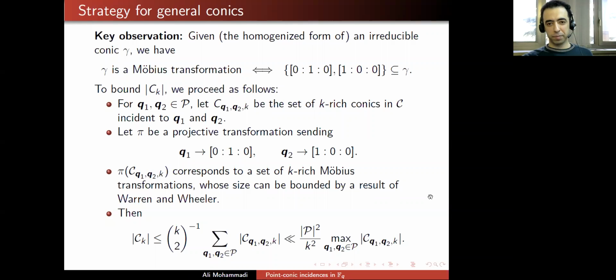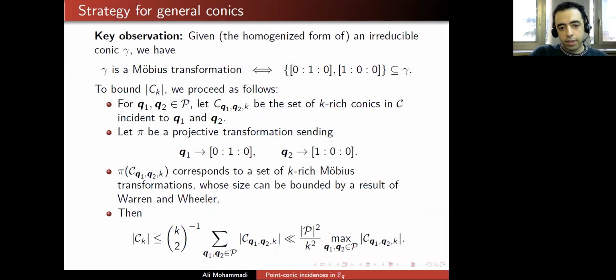Yeah, I'm muted. There are other approaches, but even these point-plane incidence bounds actually rely on the progress that was made on Guth-Katz's resolution of Erdős's distinct distances problem. We'll see it in the next slides.